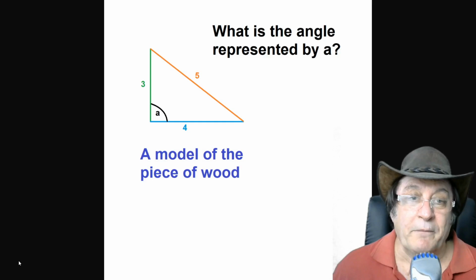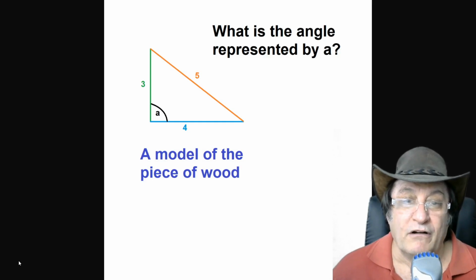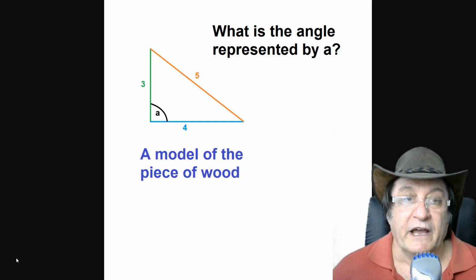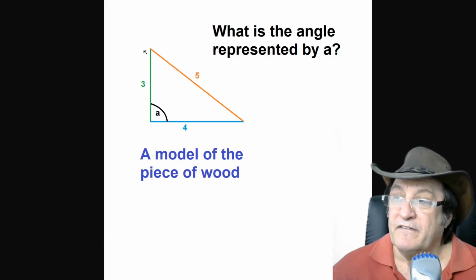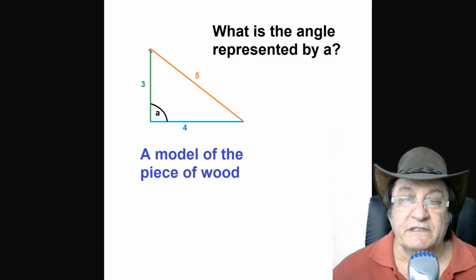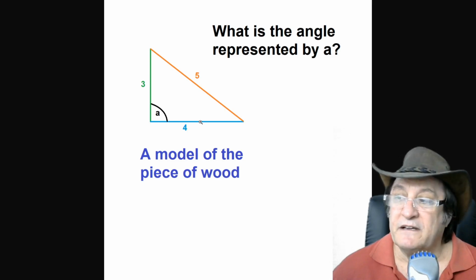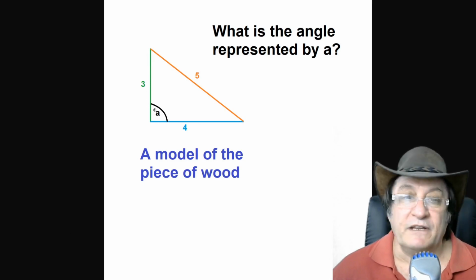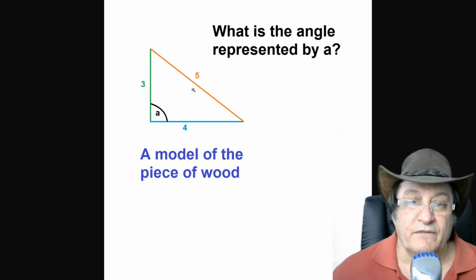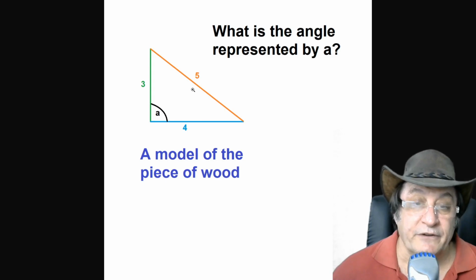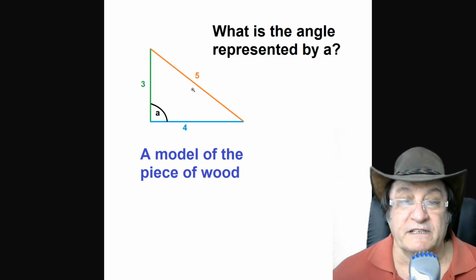So then I make a model of this block of wood, and I draw on a piece of paper the model. I've taken these measurements, I've modeled it with these lines here, 3, 4 and 5. Now, this represents the reality of the block of wood. No, it is not the block of wood, but it represents the reality.